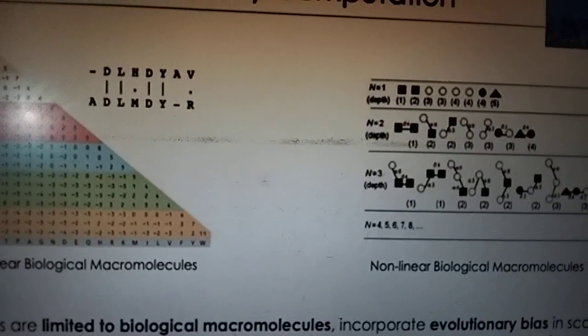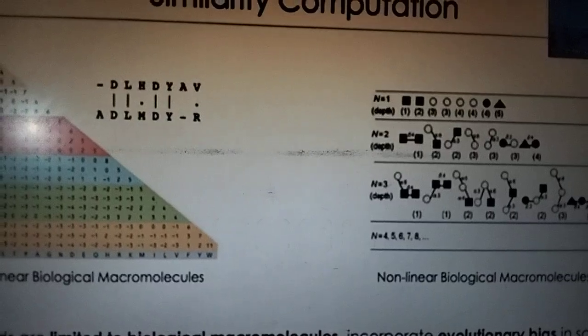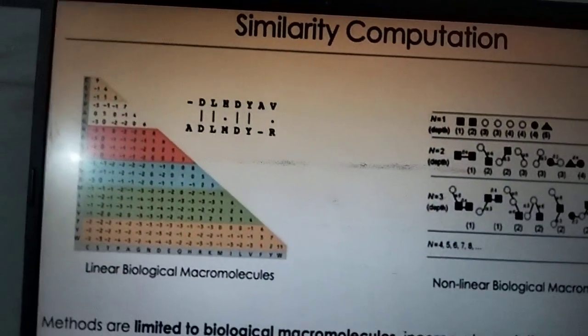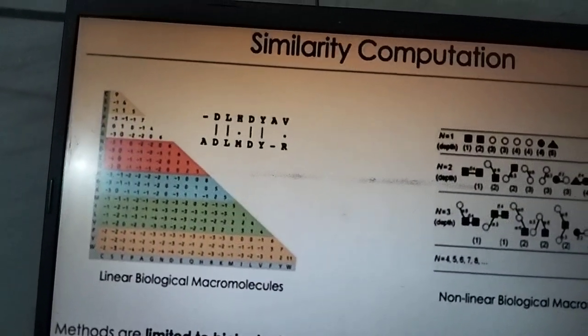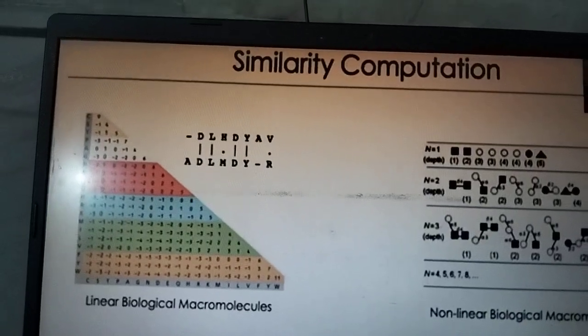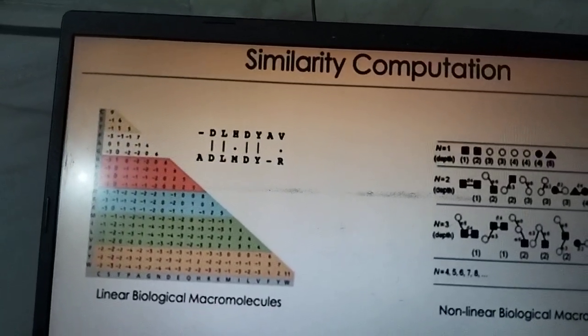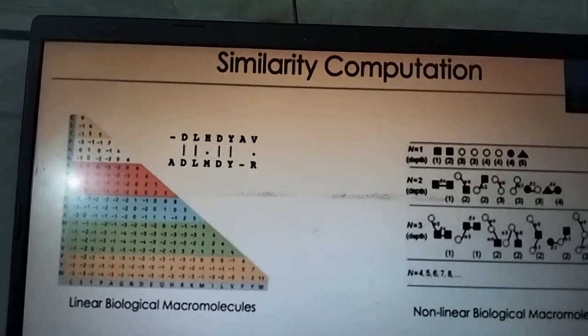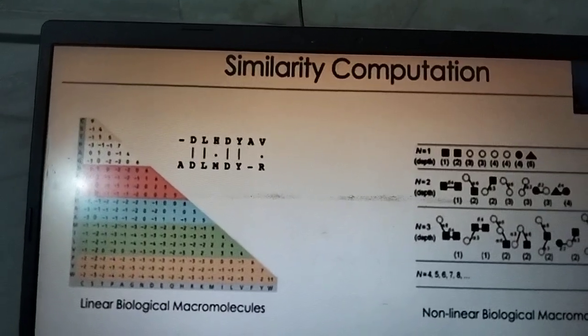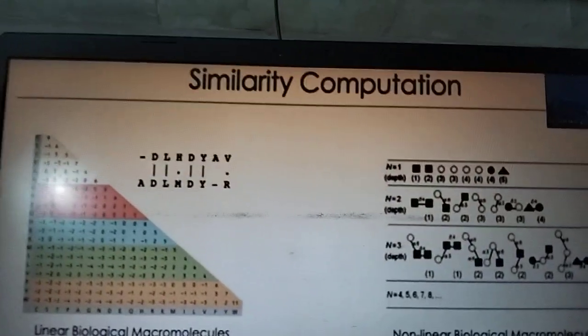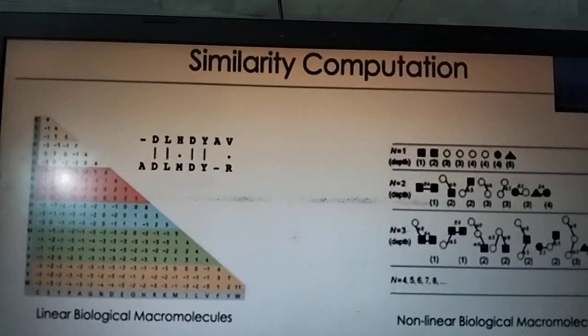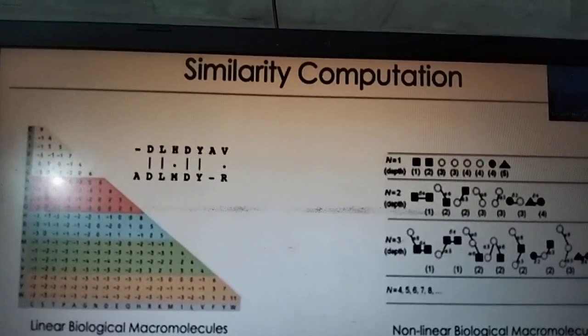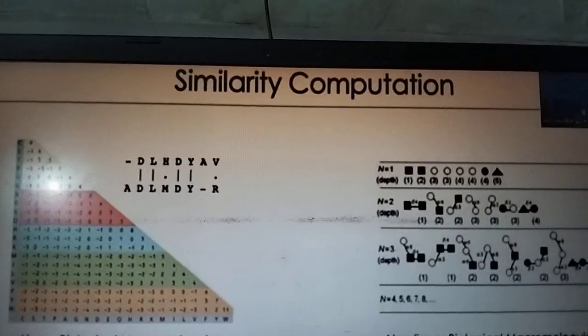These methods are limited to biological macromolecules, incorporate evolutionary bias in scoring, and generally do not extend to unnatural monomers or non-linear topologies.